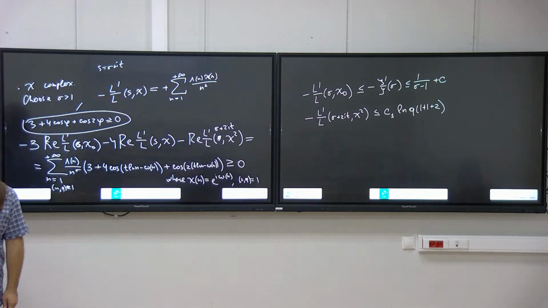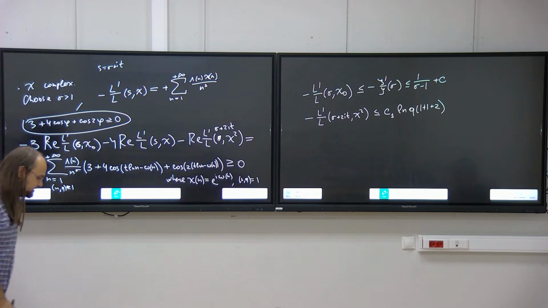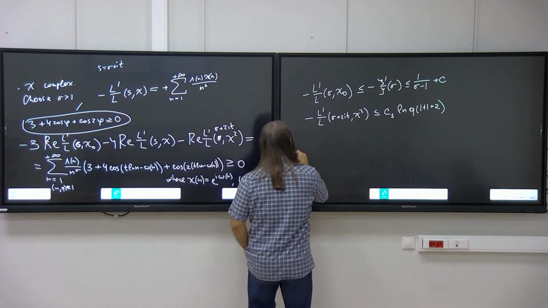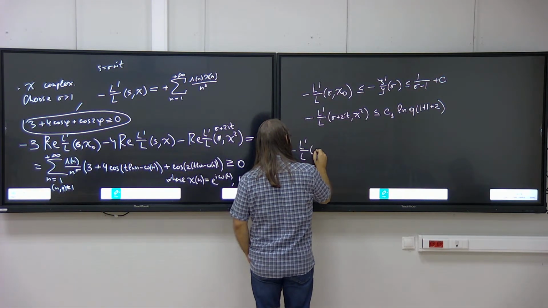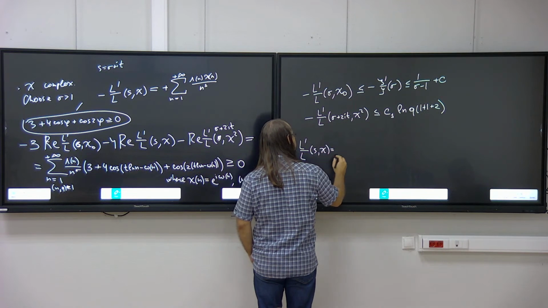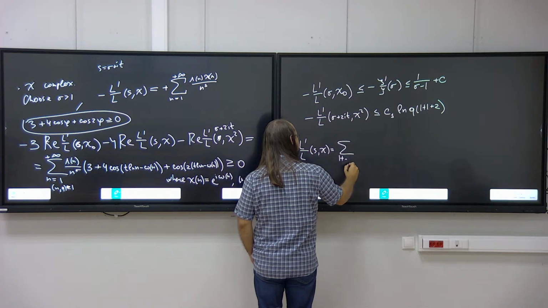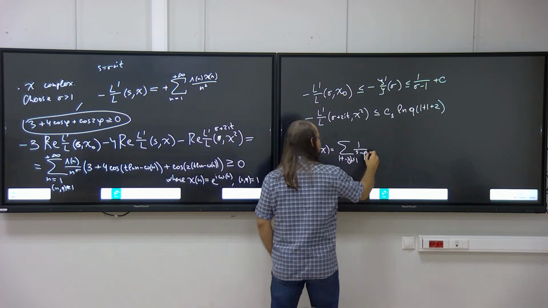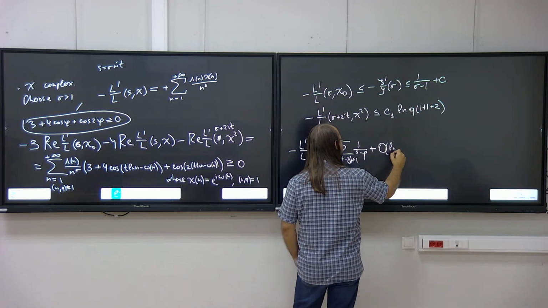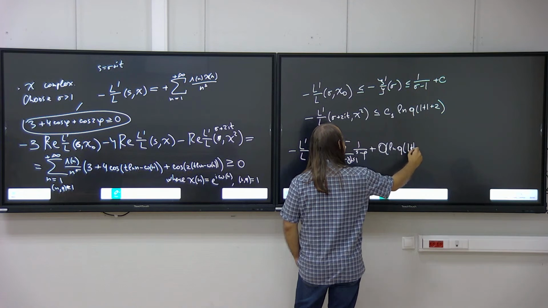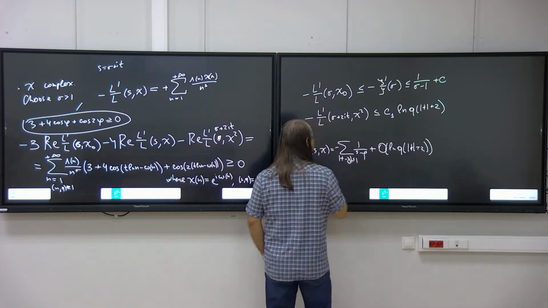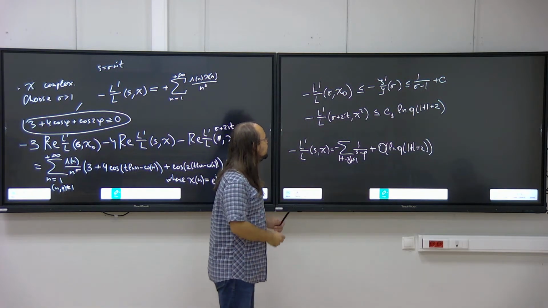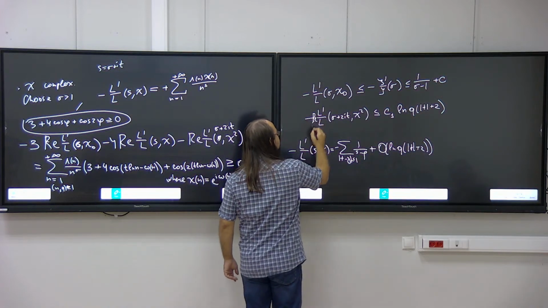Well, you need to use an expansion. Let me show it. Minus L prime over L at s, chi is equal to the sum over t minus gamma at most 1 of 1 over s minus rho, plus big O of logarithm. And then you need to notice that I forgot the real part.